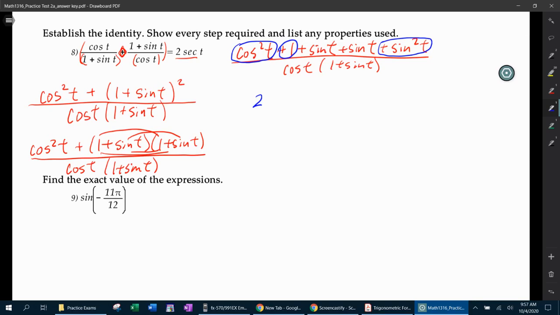So again, sine squared t plus cosine squared t gave me 1. That's a Pythagorean identity. And I went ahead and added it to the like term, the other 1, and got 2. And then I'm going to combine like terms. I've got 2 sine t's all over the common denominator.